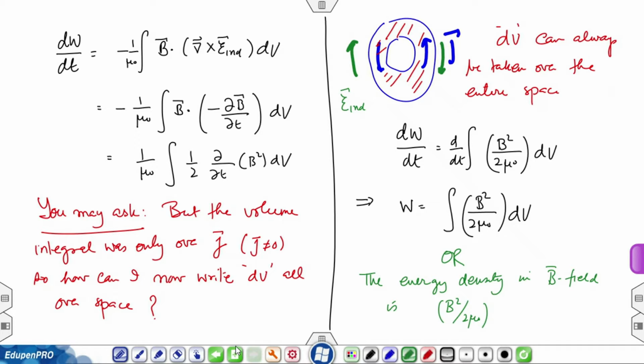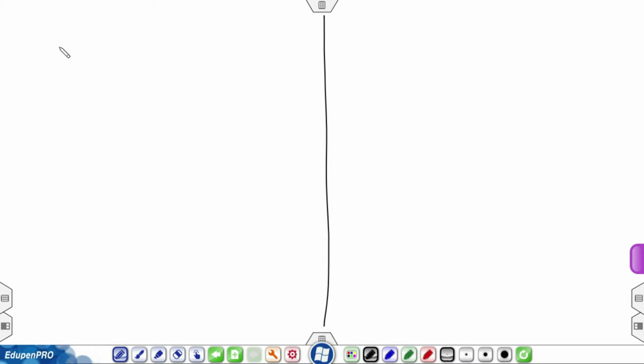Let me also now tell you how this E induced dot J I can get in another way, very similar, but another way. So, let us apply an EMF to a circuit and set up a current.